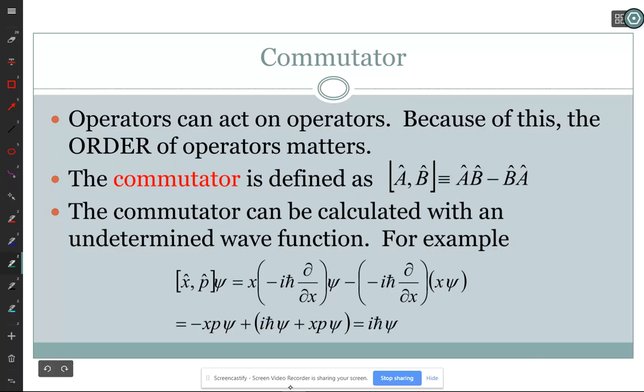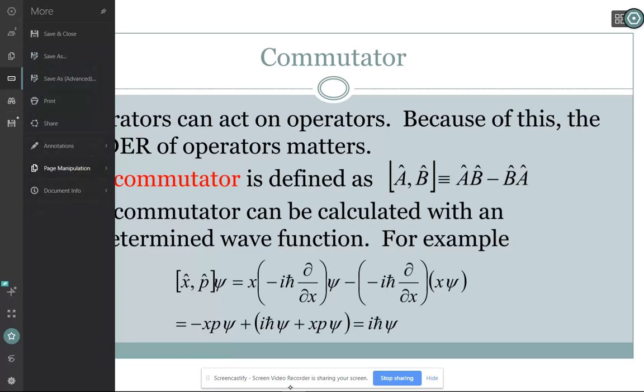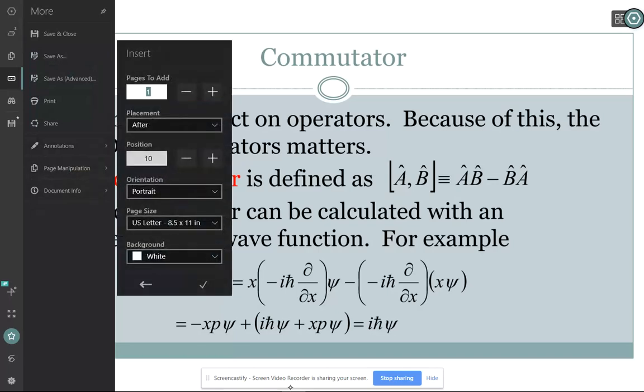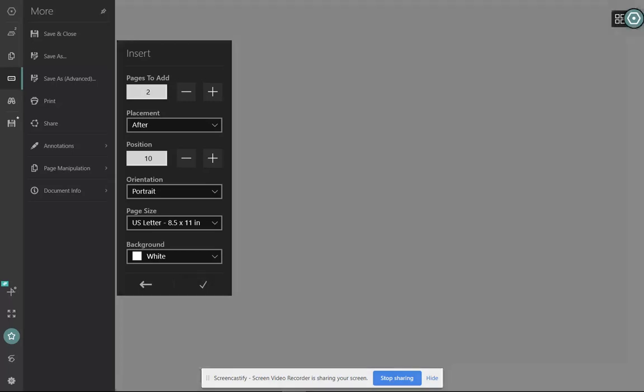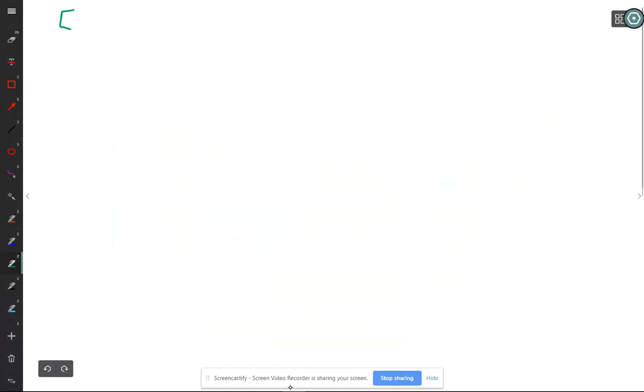So let's go ahead and do another commutator just to have some fun. I'll put in 2 pages just to be safe. You can always take them out later. So let's try this. Commutator of x, p squared.